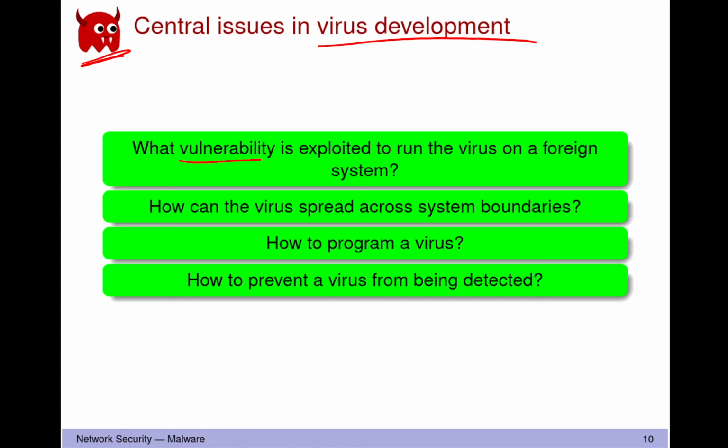So where are vulnerabilities and issues that could be misused? How can we spread it across system boundaries? How to program a virus, and how then, from the good side, let's say still, if there are detection options, what can we do as a virus developer to not be detected?